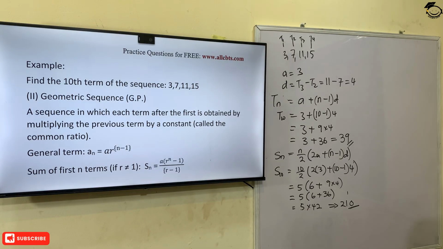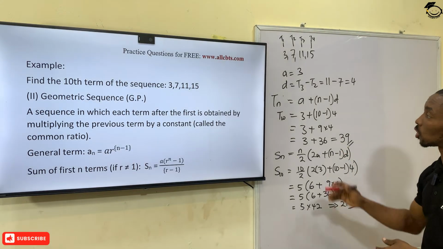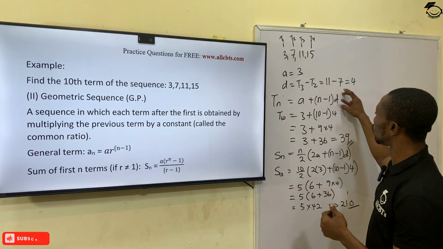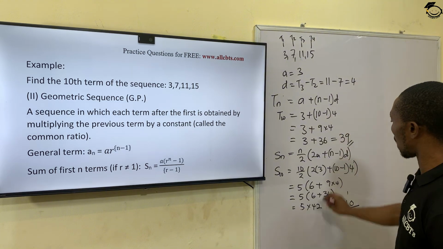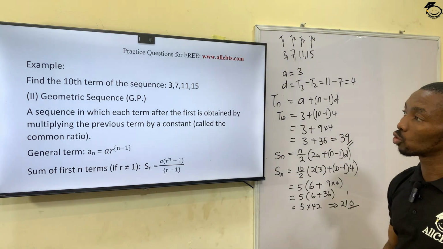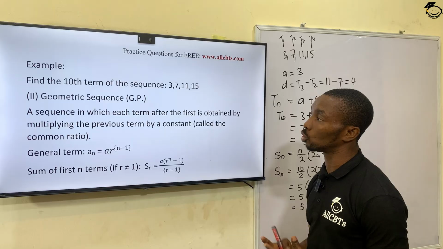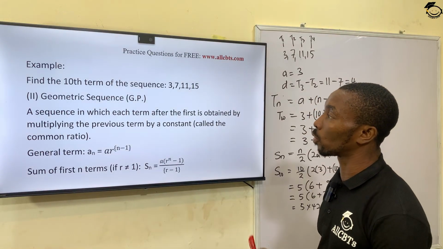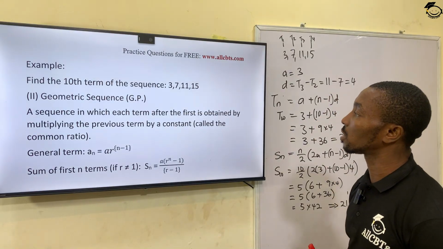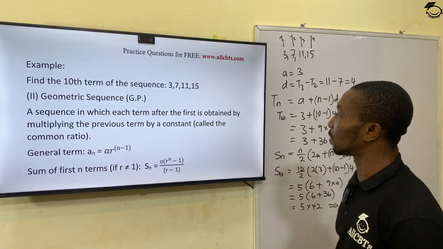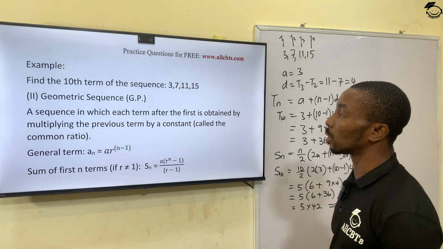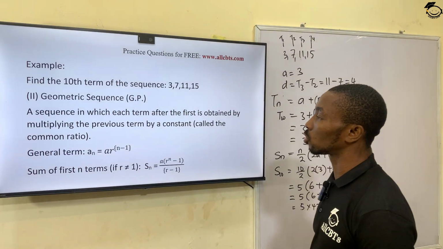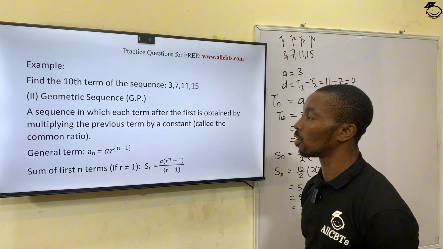All right, now we've looked at arithmetic progression and how to find the terms and the sum of terms. Next, we'll be looking at a geometric sequence or geometric progression. A geometric progression is a sequence in which each term after the first is obtained by multiplying the previous term by a constant, which is referred to as a common ratio.